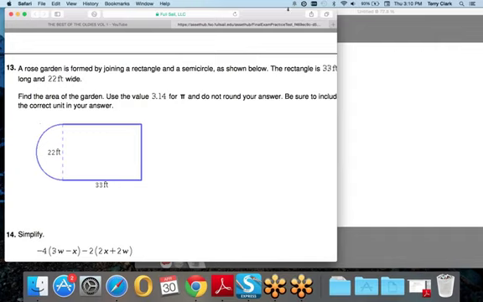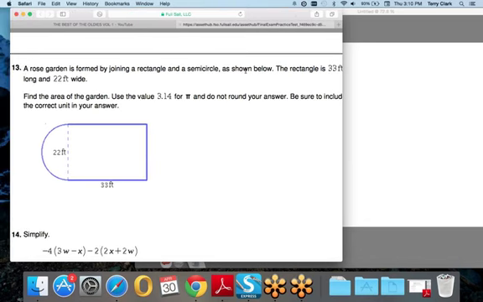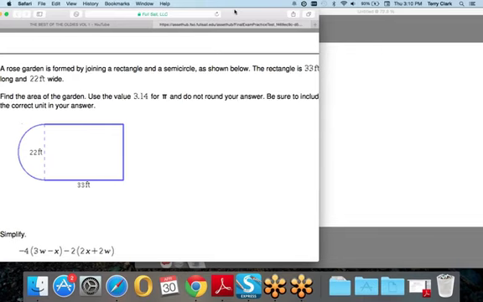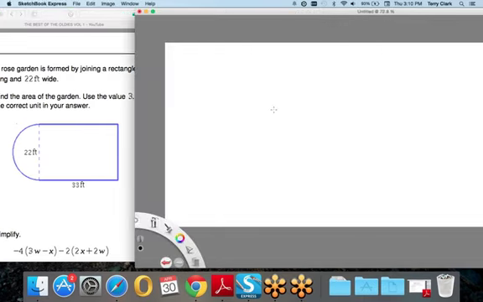The rectangle is 33 feet long and 22 feet wide. Find the area of the garden. Use the value 3.14 for pi and do not round your answer. Be sure to include the correct units. Okay, so the units in this case are always going to be square feet because this is area.